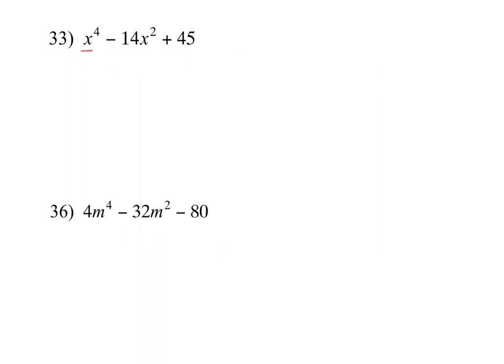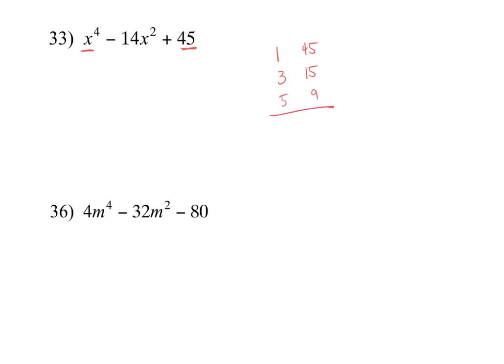So when it looks like this, there's a 1 in front. You're going to look for factors of 45 that add up to be negative 14. And once again, you can list those if you want to. So you can say, that's 1 and 45. That's 3 and 15. 4 doesn't go into it. That's 5 and 9.